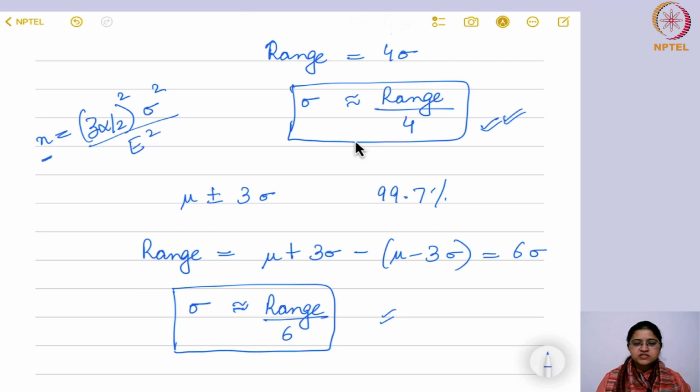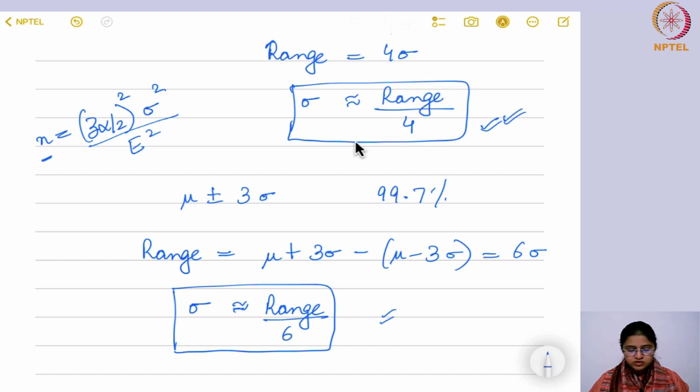So if sigma is less, then sample size would be also less. But that won't be correct, because we usually want the sample size to be more so that you have the correct precision. And in statistics also, we tend to overestimate the parameters as compared to underestimation. So that is why we consider range divided by 4 instead of range divided by 6.